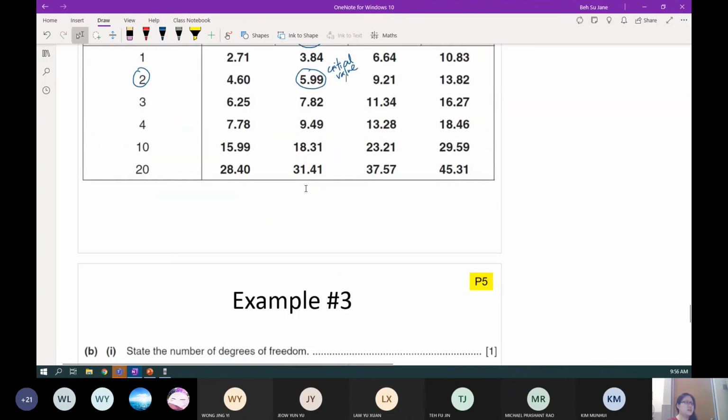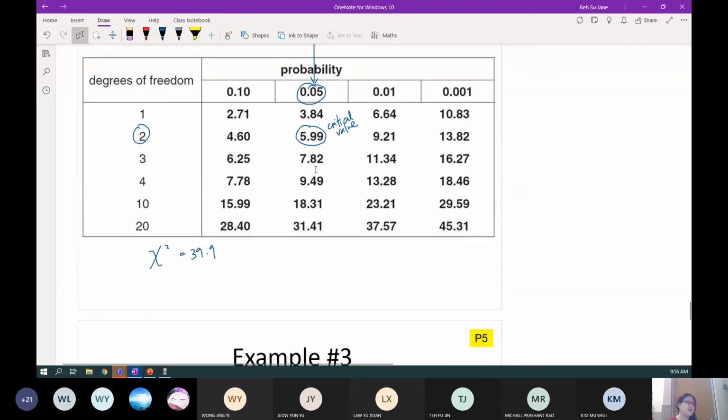So your chi-squared is really big. It is 39.9, which means it is larger than the critical value.